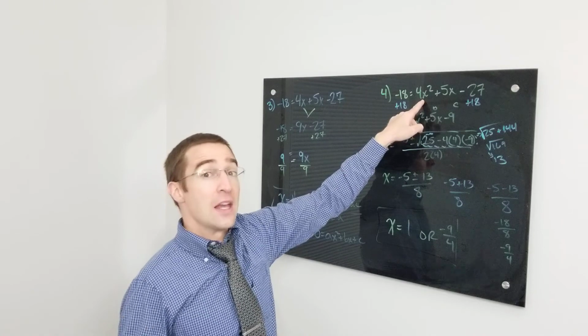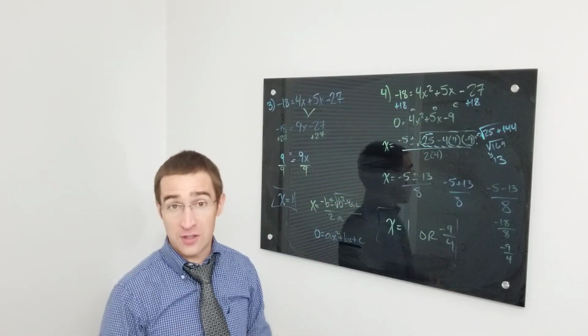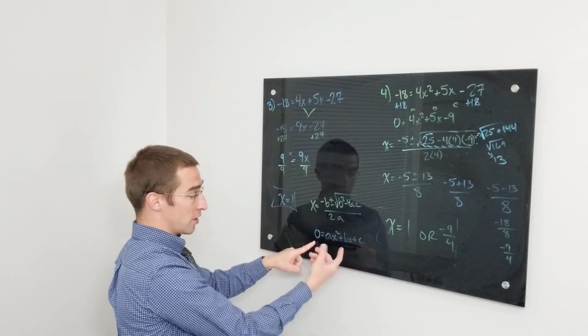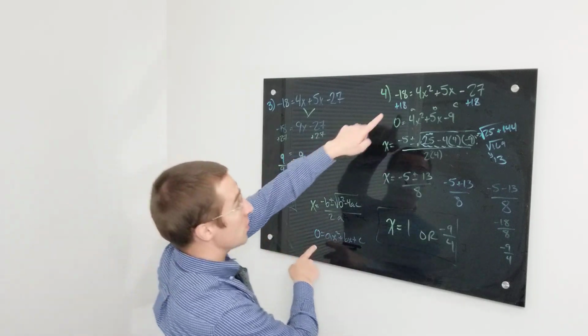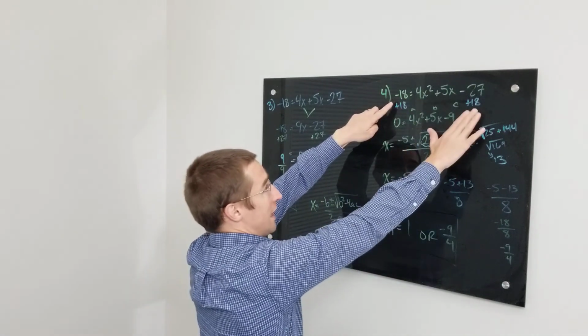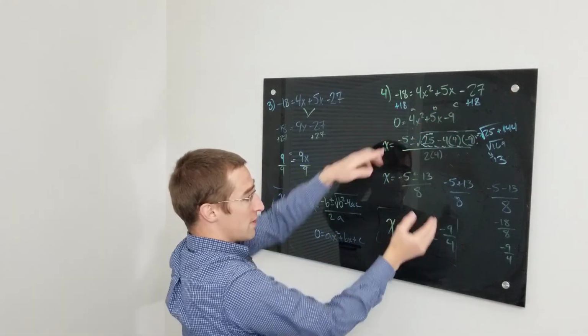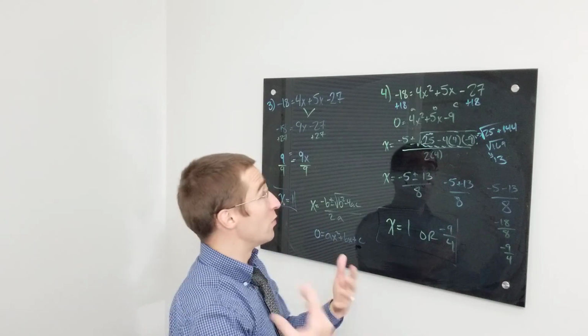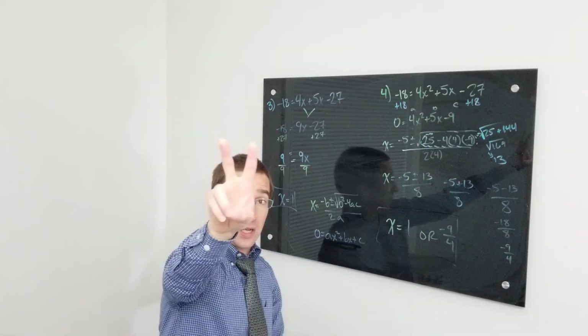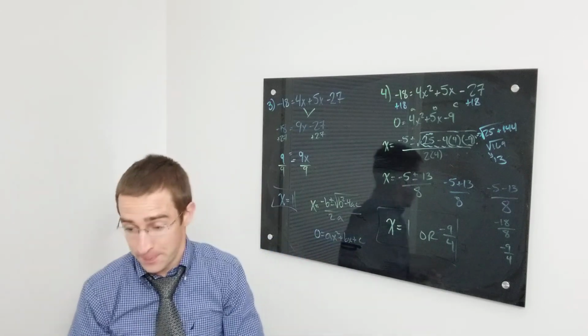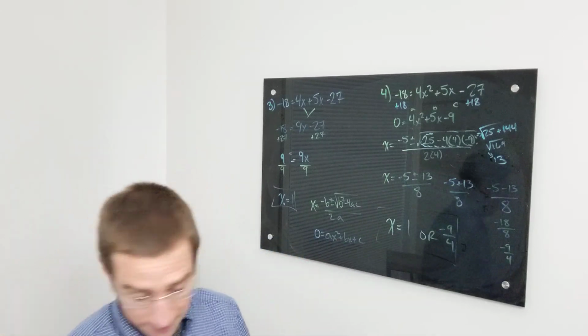So we use the quadratic formula to solve these types of equations. It only works when the equation equals 0. So we get rid of this minus 18 by adding 18 to both sides, get it equal to 0, use a, b, and c, simplify, and get our 2 answers. Remember, with a quadratic, you can get 2 answers, 1 answer, or no real solutions. Okay, 2 more problems, and then we're done.